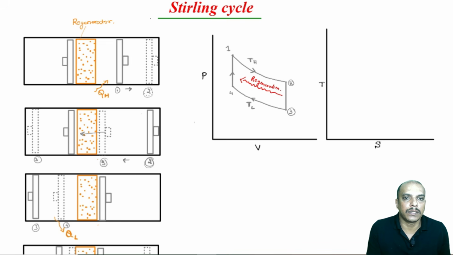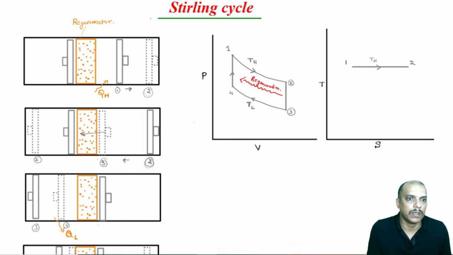Now, what is the TS diagram? The process 1 to 2 is constant temperature. So, constant temperature in a TS plot would definitely be a horizontal line. So, we will have 1 to 2 constant temperature, and that is happening at temperature TH. Now, 2 to 3 is a constant volume process.